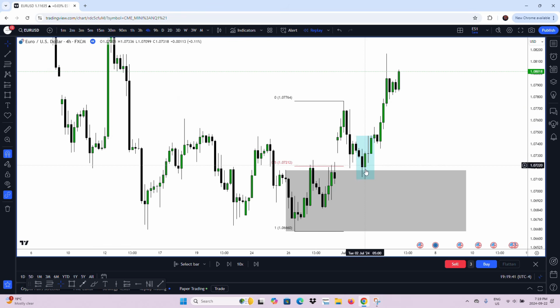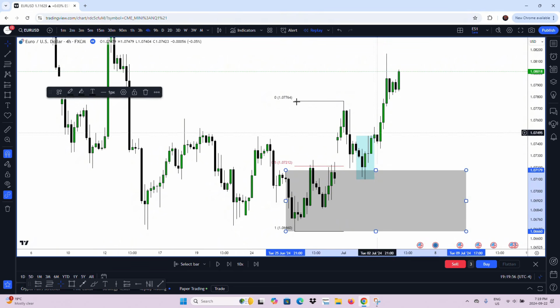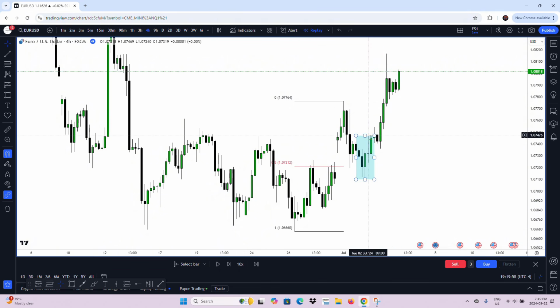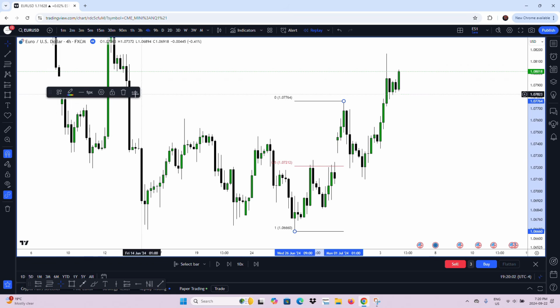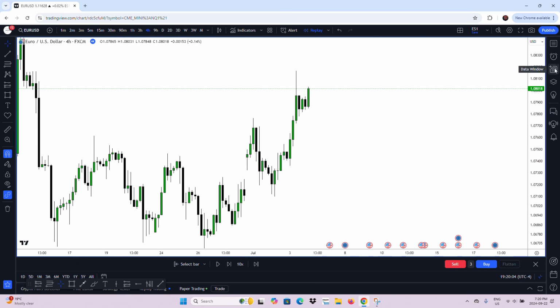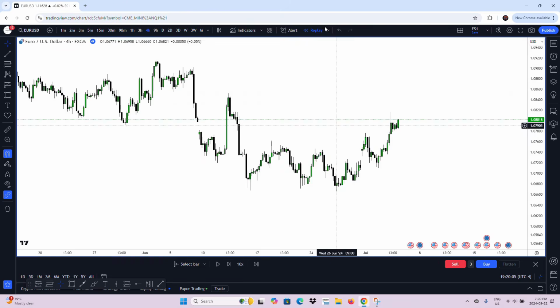We retraced after an expansion, retrace into a key level in a discount. Key level is this order block right here, and then expanded back up. Very important, okay? So next week we will basically learn how to use the dealing ranges to help us understand where price is going to go.